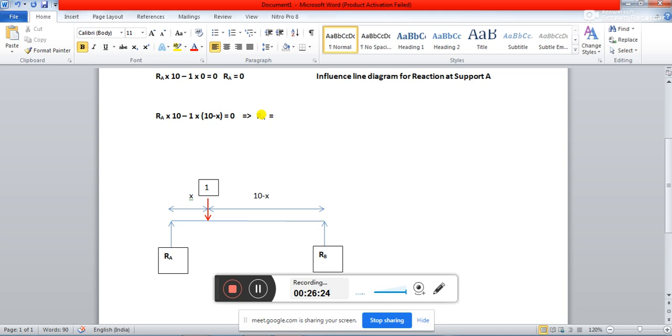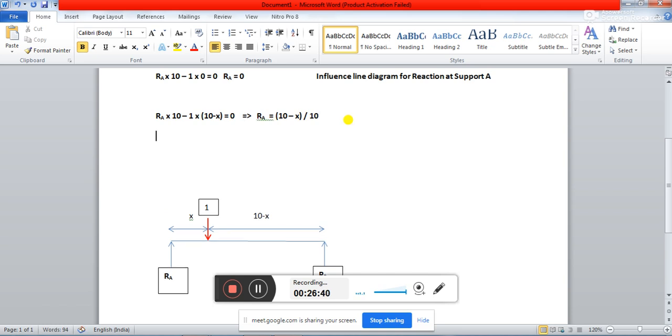Yes, absolutely correct. RA is going to be 10 minus x by 10, right? If I simplify more, what will be the value of RA?